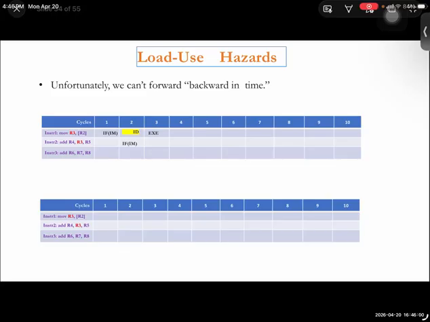So if instruction 2 enters into the instruction decode stage, instruction 2 will not get the correct value from R3. Why? Because the result is not yet loaded into R3 by instruction 1.